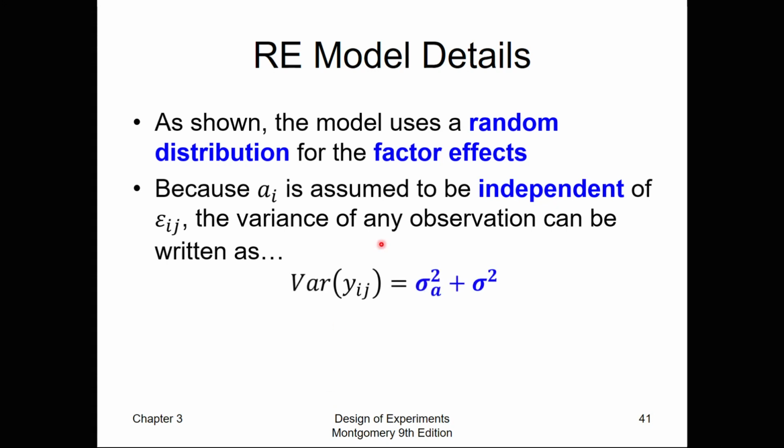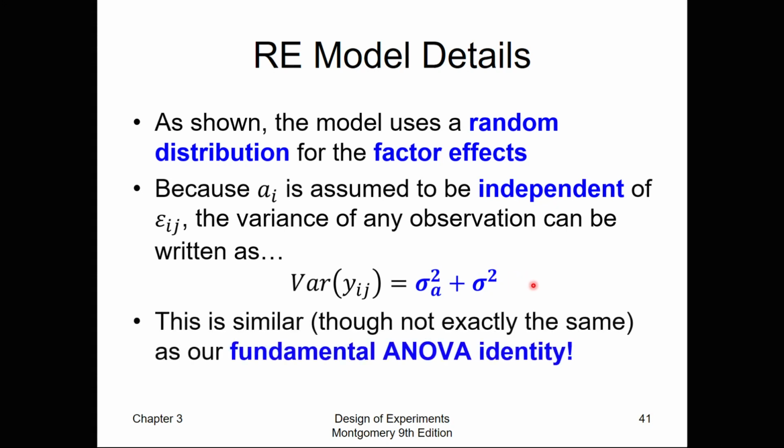And I hope you're seeing a common pattern here where we take the variance, or sums of squares, or degrees of freedom of all the data, and then we break it down into the different components, the component that has to do with our treatment effects, and the component that has to do with the error. That can happen here because the variance associated with the treatment effects is independent of the error, or said another way, the treatment factor levels are independent of the error. So we can look at these variance components distinctly.